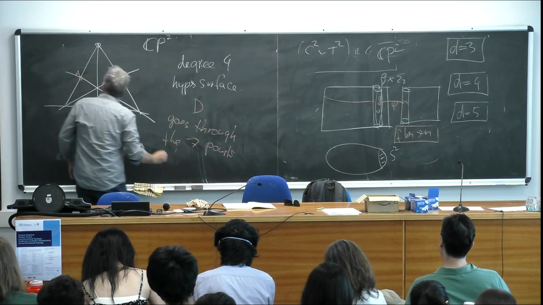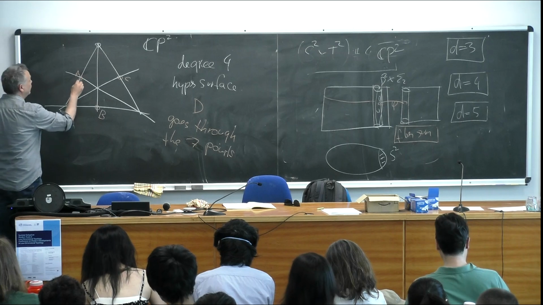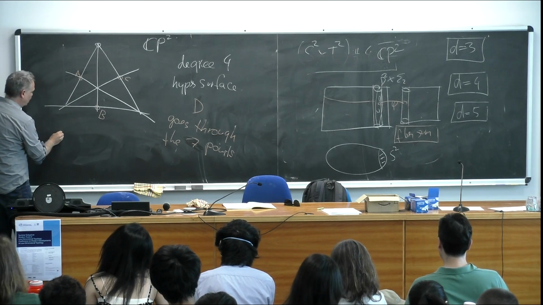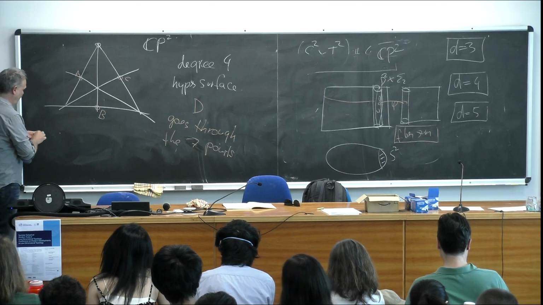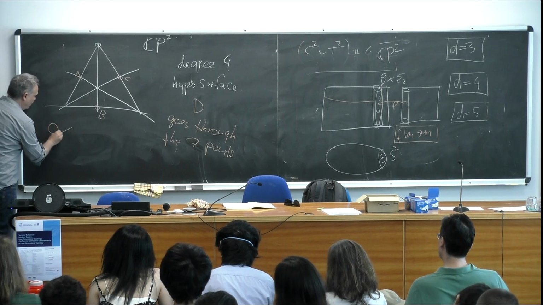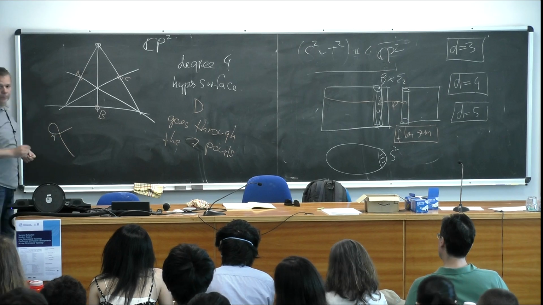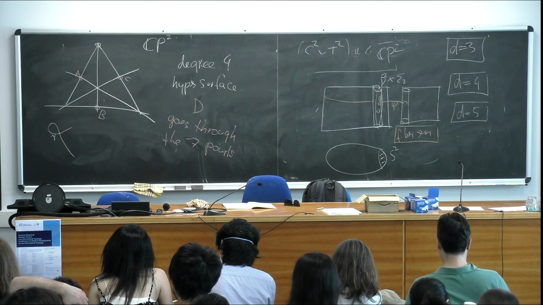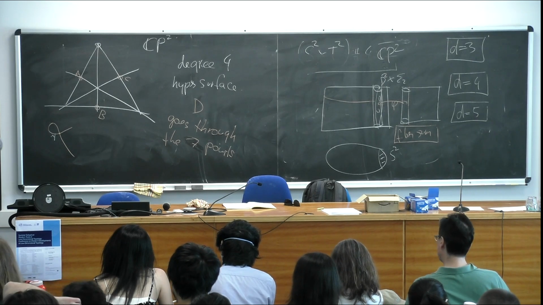But more than that, around A, for example, this is the behavior that we should get around A. It will have this nodal singularity. So remember, this is when locally it looks like 2 planes intersect at one point.